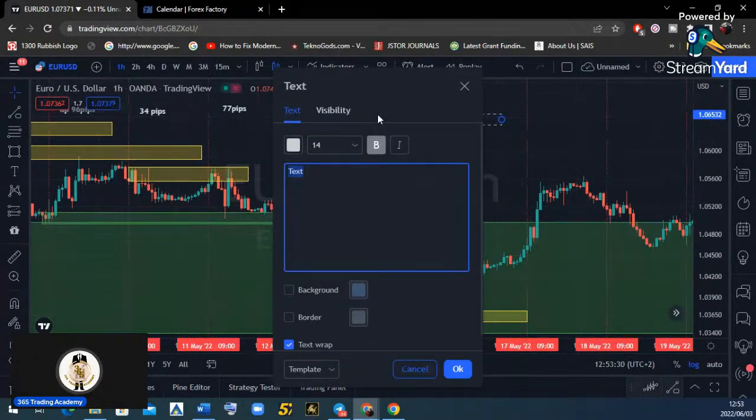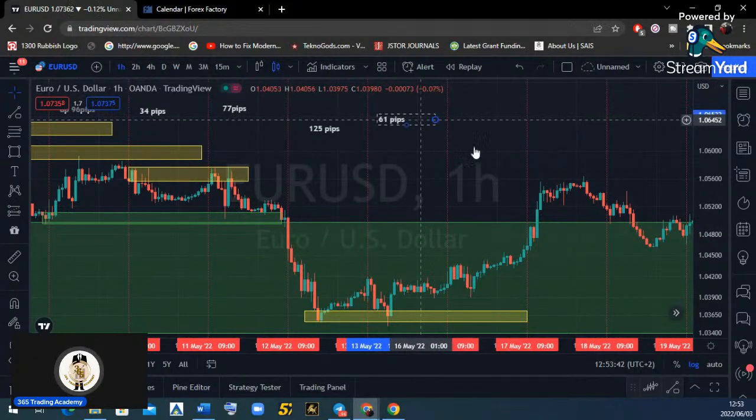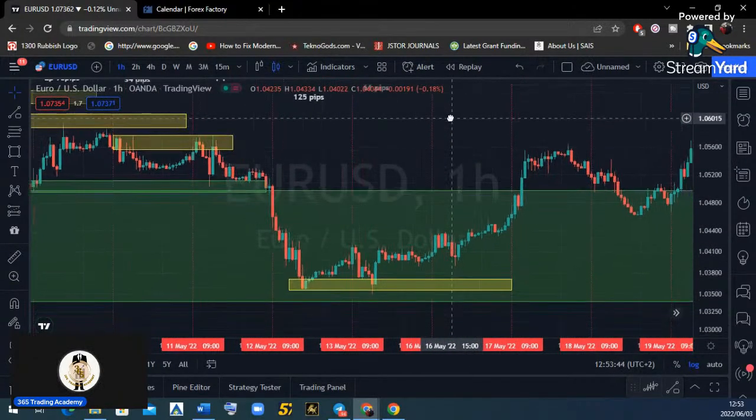So I'm just going to write here 61 pips, and there would be more notes if I was to refine this. I'd have to talk about the consolidation phase, failed supplies. If I was really doing a full scenario analysis, I'd have to know that because DXY is doing this, this is going to do that.